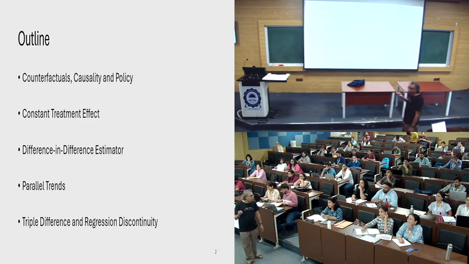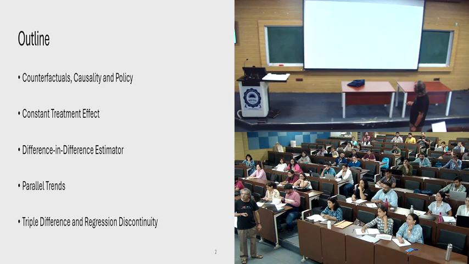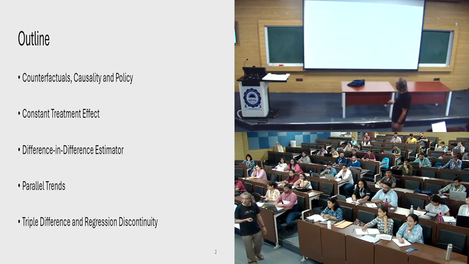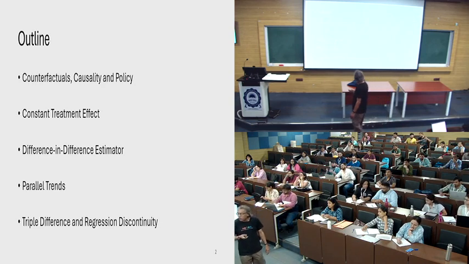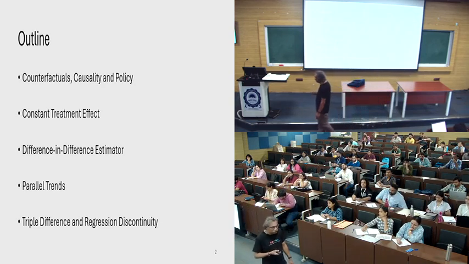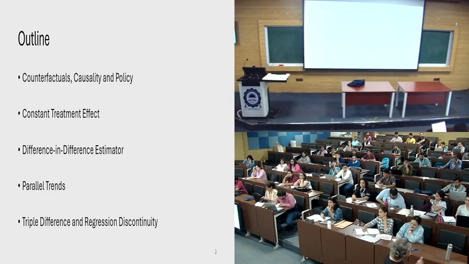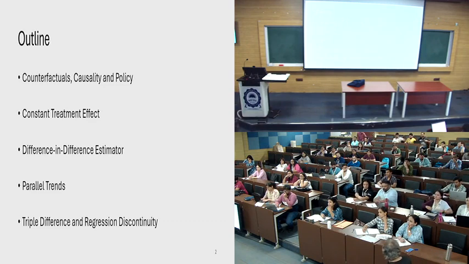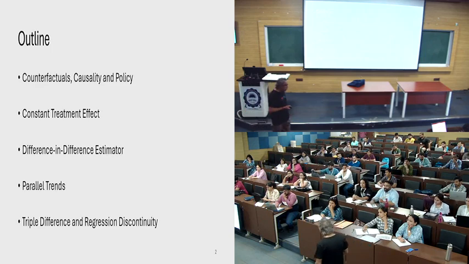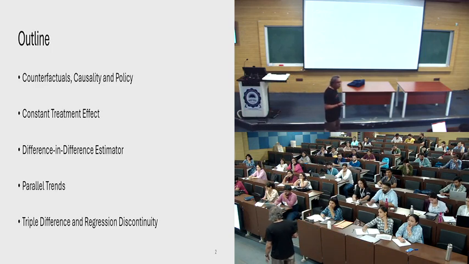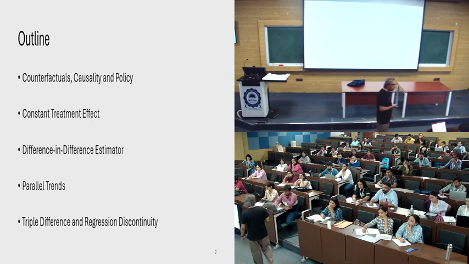Then I'm going to talk about the constant treatment effect and the problem with the constant treatment effect. Then I'm going to introduce difference in difference estimators and the main assumption behind them, which we call the assumption of parallel trends. It's quite important to test for the presence of parallel trends before and after the event.